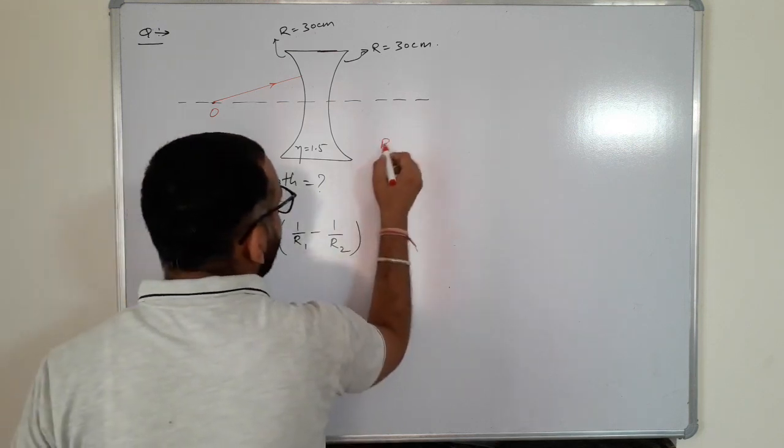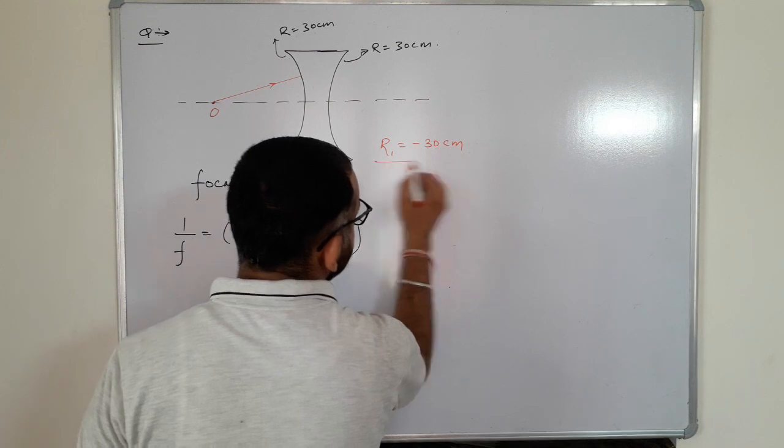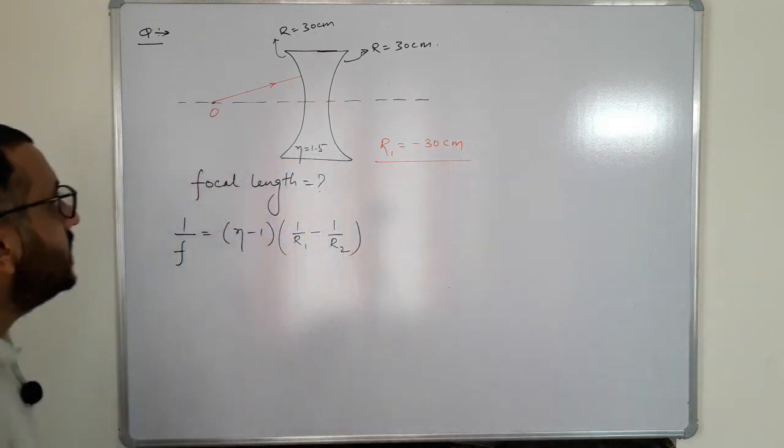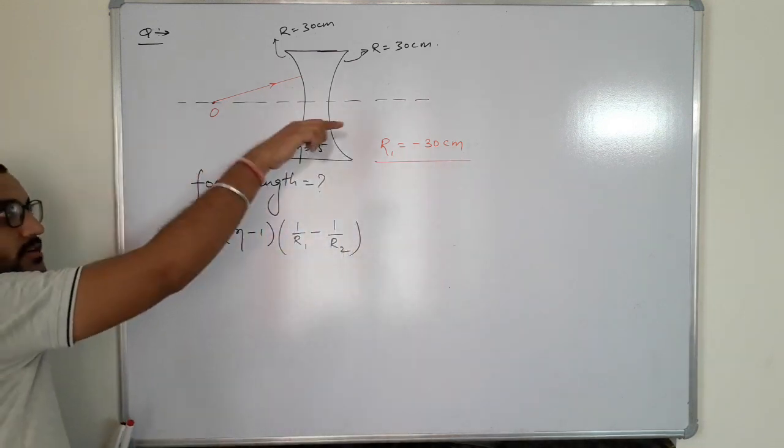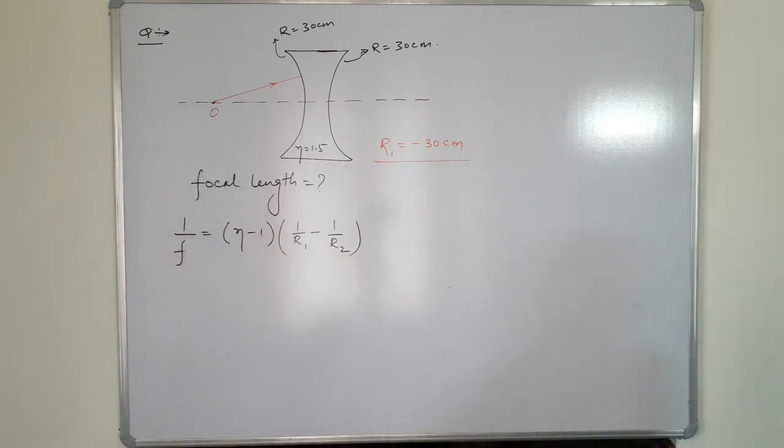So the value of R1 will be minus 30 centimeters. Why minus 30? See, incident ray is coming towards positive x-axis, so that direction will be considered as positive.